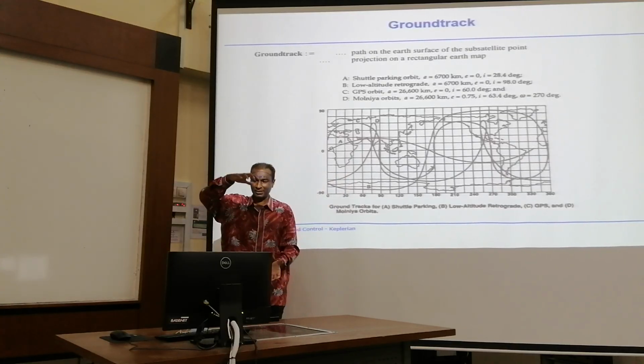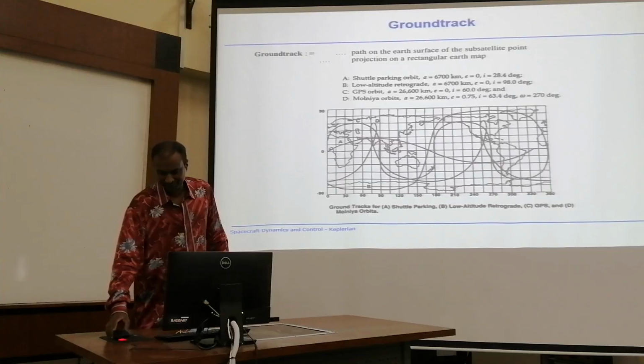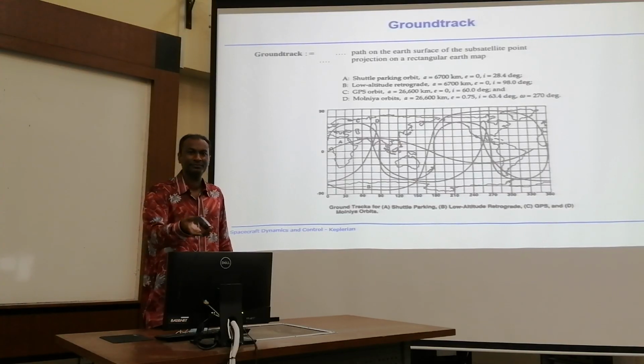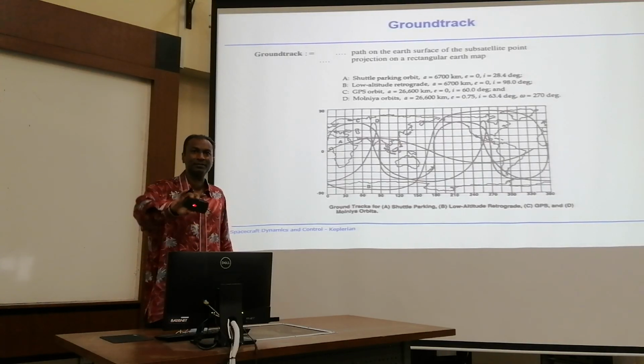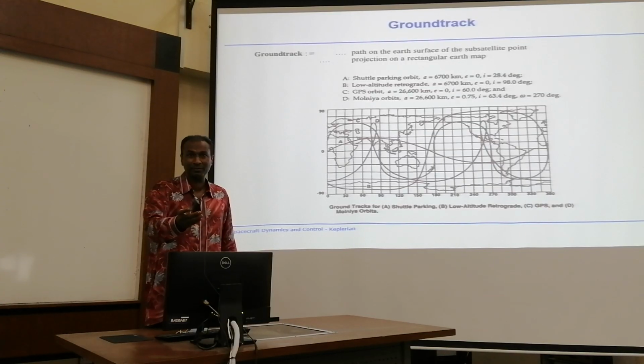A tumble means it tumbles. Now, in this case, look at this, tumbling at one point. Orbit control is okay. Attitude control is off.